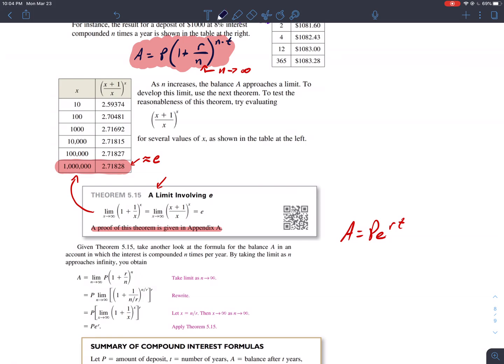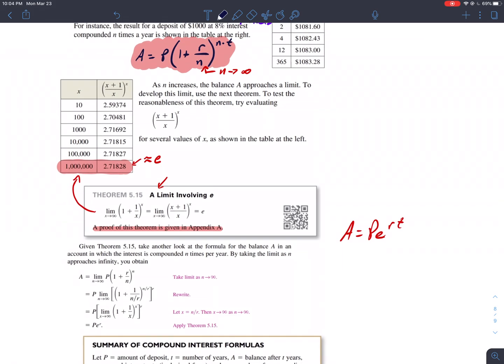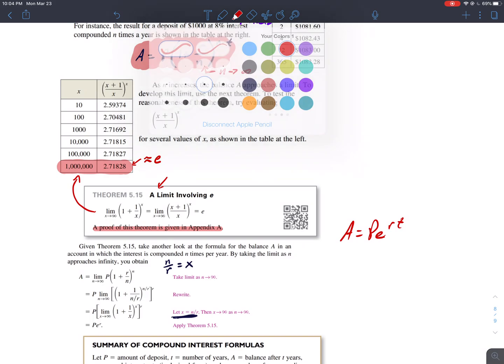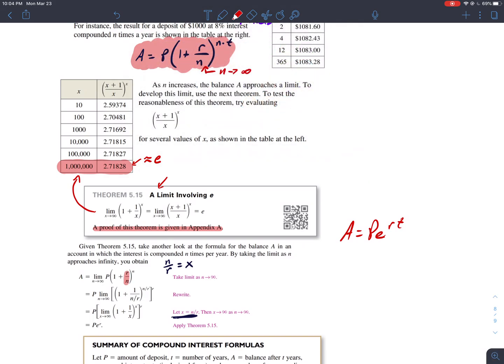If I get a little creative with it, let's let n over r be called x. That's actually stated down here. And let's transform this expression r over n.